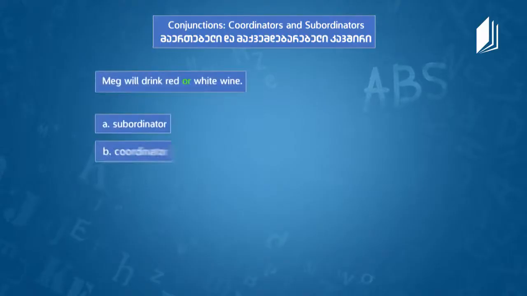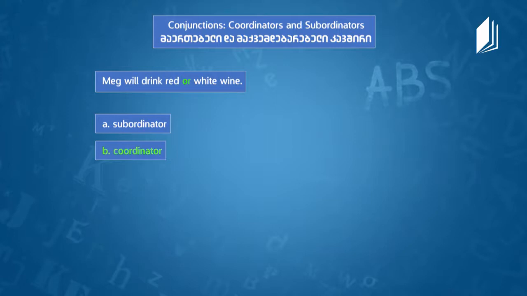The next example, Meg will drink red or white wine. So I think here or is a coordinator, because it joins words of equal syntactic function. Okay. Very good, and you were right.